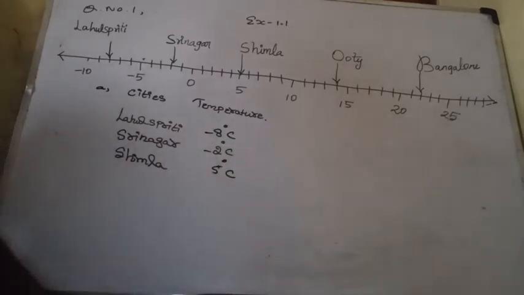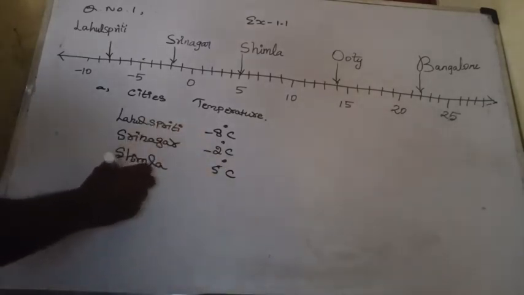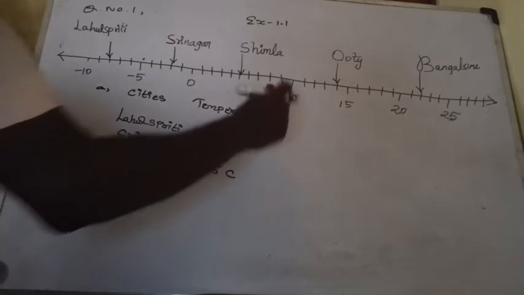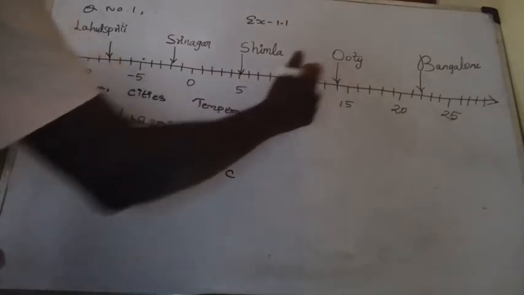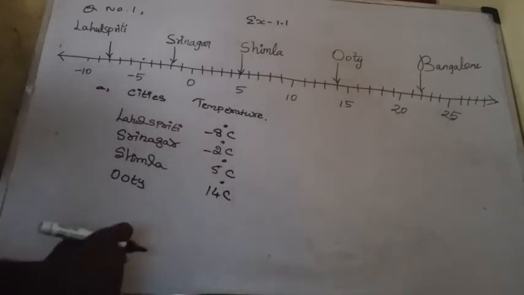Plus 5 degrees Celsius. And then after that, Ooty. 5, 10, 11, 12, 13, 14. Plus 14 degrees Celsius. Ooty, 14 degrees Celsius.